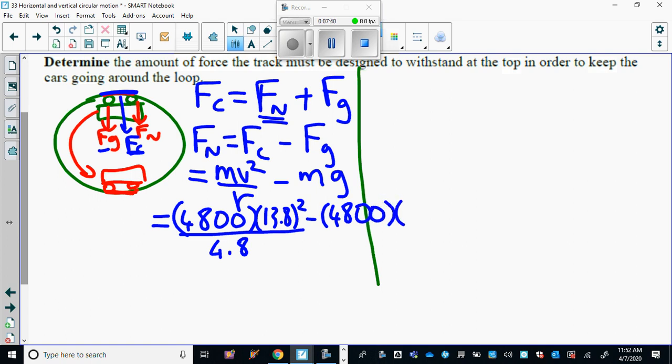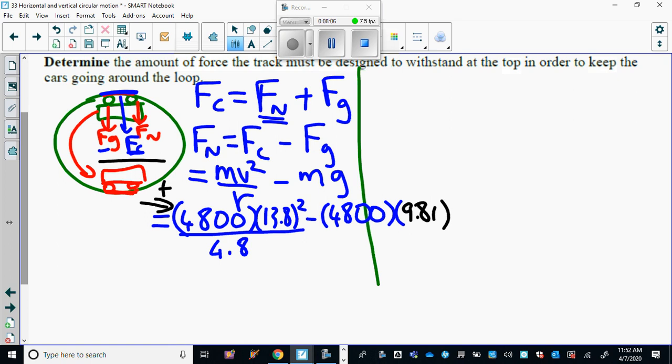Now we have to be careful here. Is gravity in this case going to be positive or negative? Well, we already said in this problem, the signs of all of these are all going in the same direction. So if I've designated this FC as being positive, then I must also designate gravity as being positive.